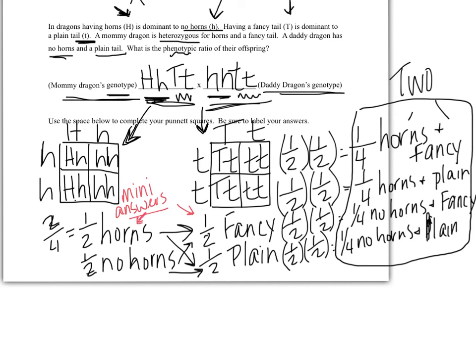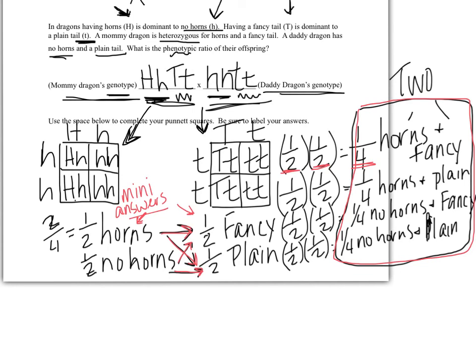And then the most important part is to multiply together all the different possibilities. So whatever your mini answers are, you multiply them together so that you can put things together for a huge final answer. So we multiply together the 2 possibilities, and sometimes it'll be 3/4 times 3/4, so it'll be 9/16.